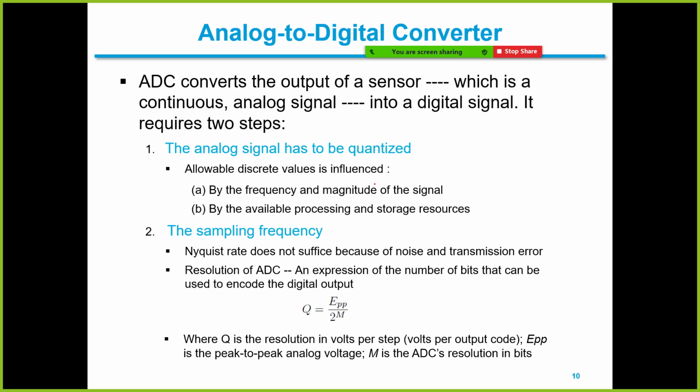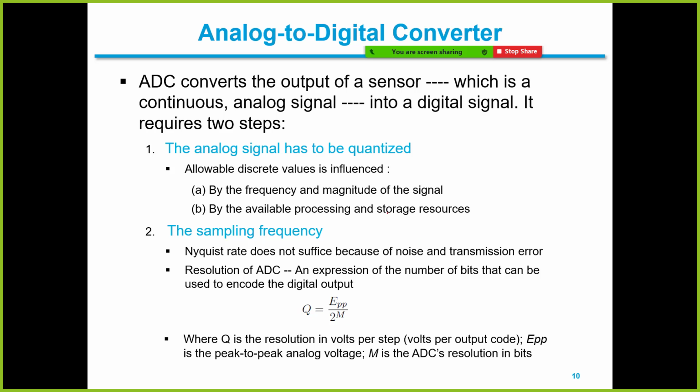But for processing purposes, 99% of the devices we use in daily lives are digital devices. So these devices can only process digital signals. So we have to convert the analog signal to digital signals.